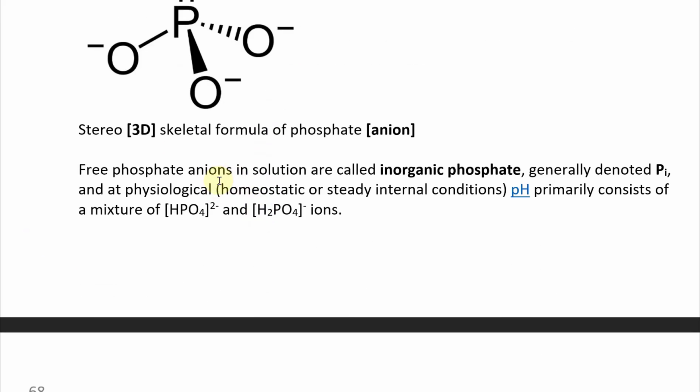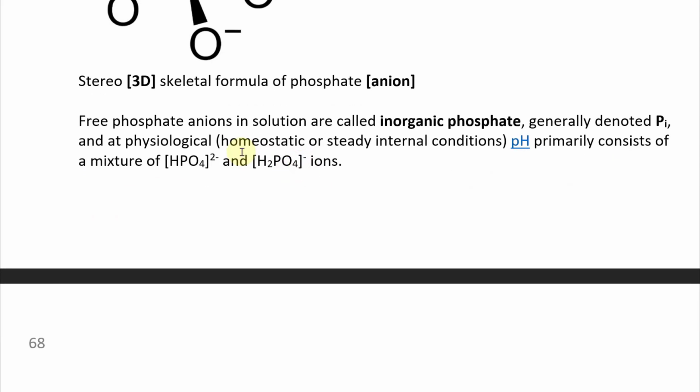Free phosphate anions in solution are called inorganic phosphate, generally denoted Pi, and at physiological or homeostatic, basically steady internal conditions, pH primarily consists of a mixture of HPO4 2 minus and H2PO4 minus ions.